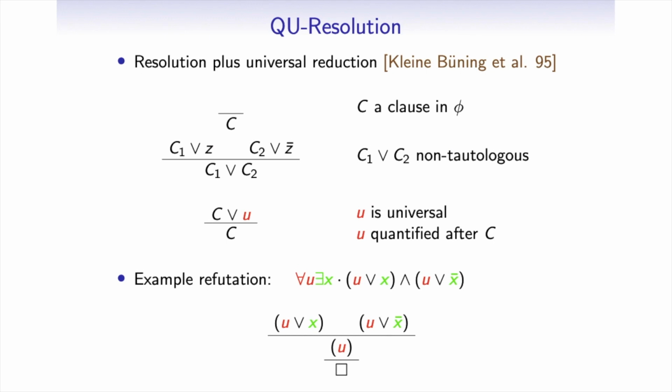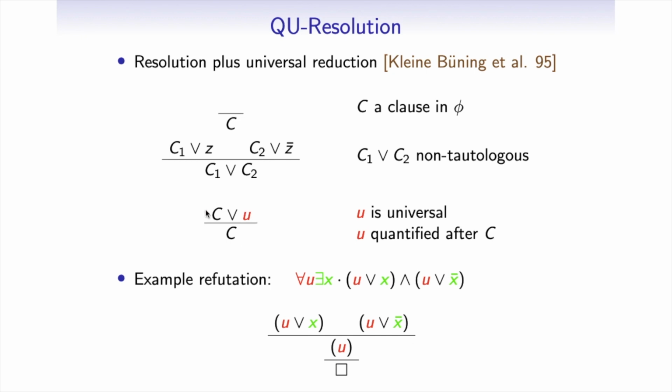So here's a very basic, fundamental QBF proof system. It's called QU resolution. And we get this proof system just by adding one rule to resolution. So you'll see the first two rules here are just resolution. And this third rule here is called universal reduction. So what can this do?